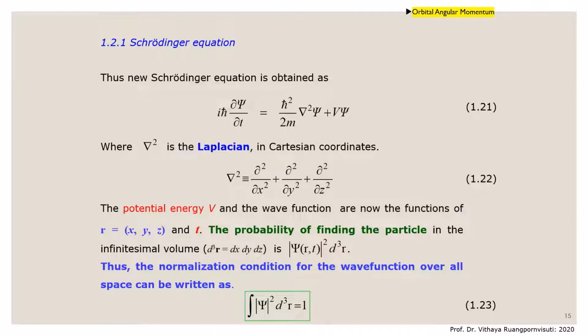By replacing equation 1.19 into equation 1.17, the new Schrödinger equation is obtained as equation 1.21.